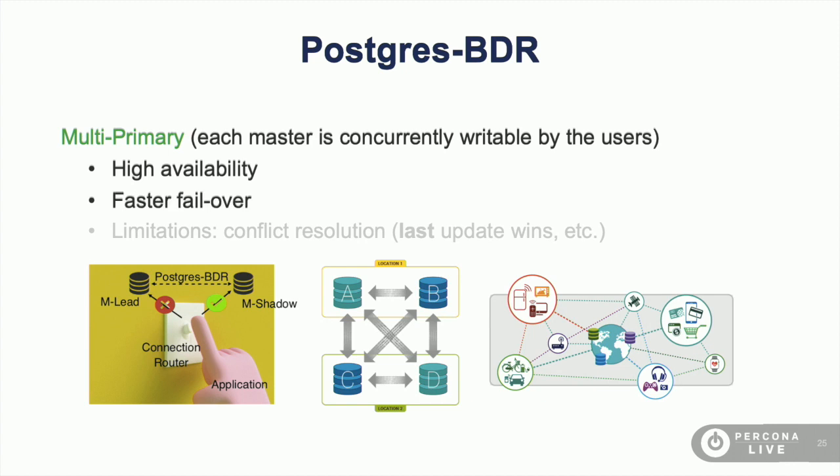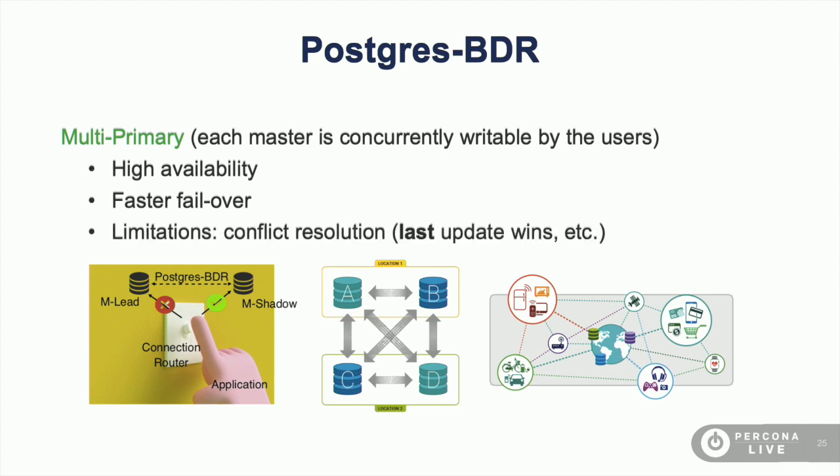It also allows for a faster failover. Usually when you have a single master scenario, a new node has to be delegated, promoted to primary master, and even though the time is invisible to human eyes, it always takes longer than having all the nodes in write mode.